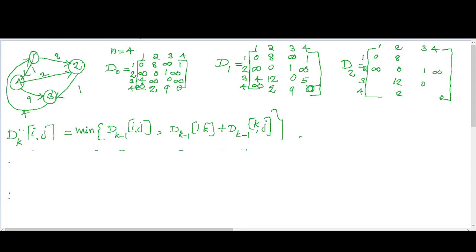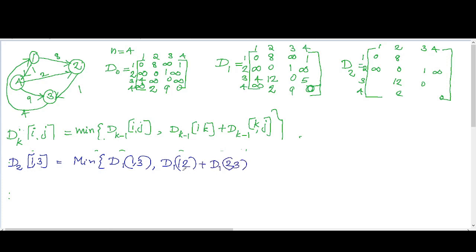So at first, here we have to find the D2 of 1, 3. Okay. So what is D2 of 1, 3? This is equal to the minimum of D1 of 1, 3 and D1 of 1, 2 plus D1 of 2, 3.